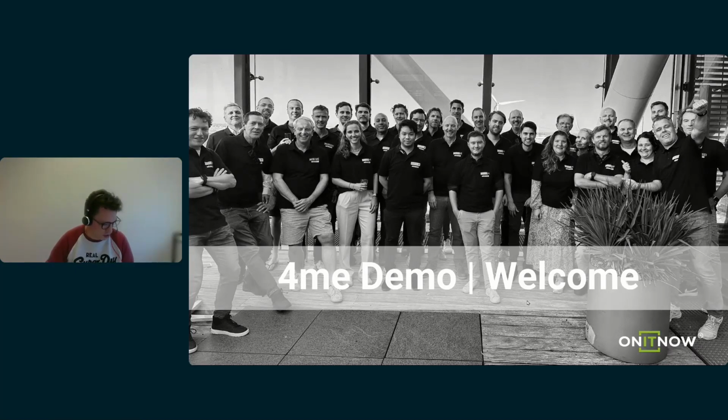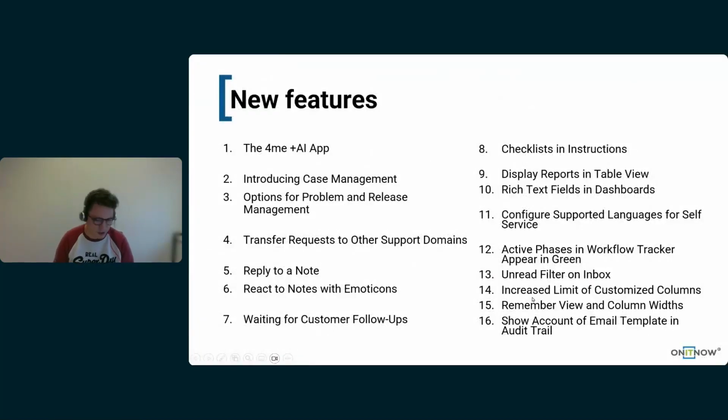We have a very large list of enhancements that we are going to discuss today, 16 to be honest, and some of them are really nice, and I will walk you through the announcements. I will switch between my PowerPoint and For Me to also show you how it works in practice.